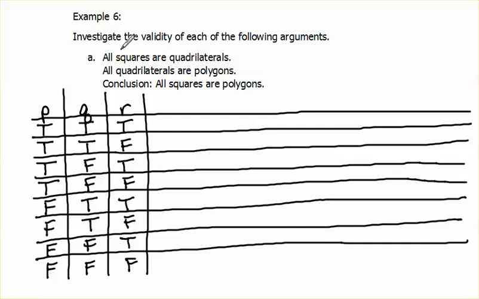If we say squares were p's, quadrilaterals would be q's, and let's call polygons r. So our conclusion is squares, which were p's, are polygons, which were r's. If I write this out, this first sentence says p implies q.